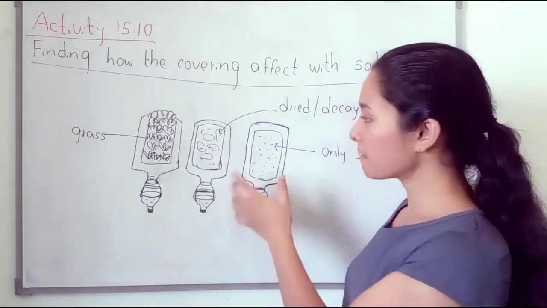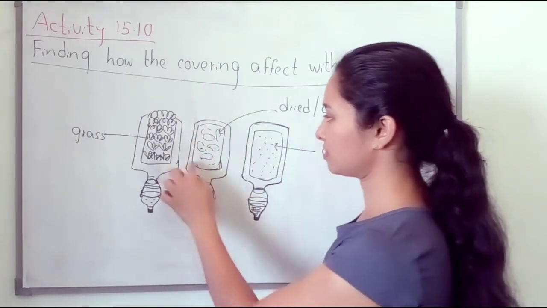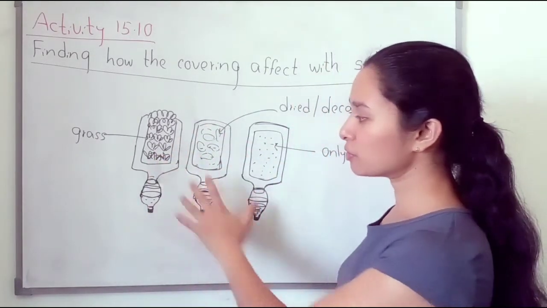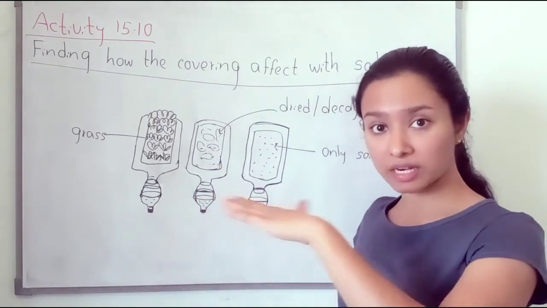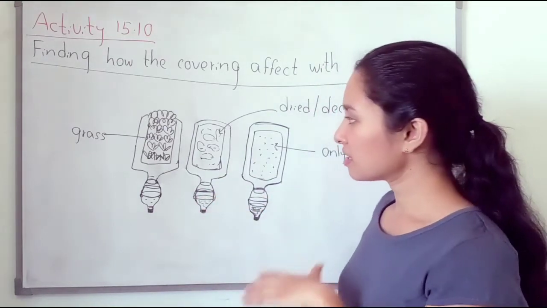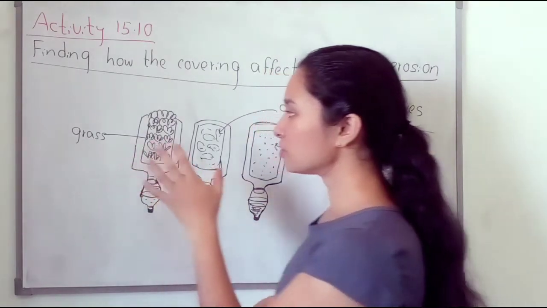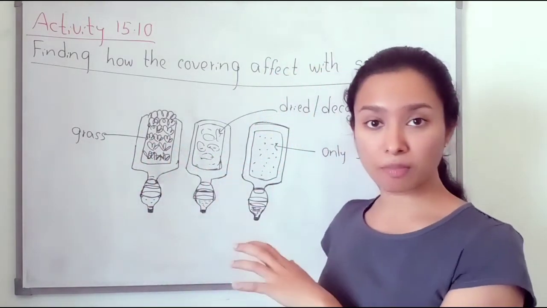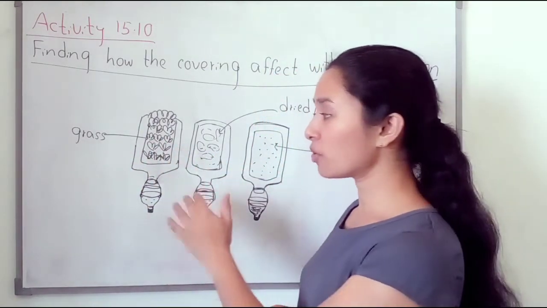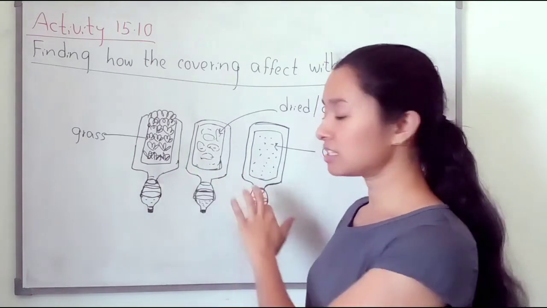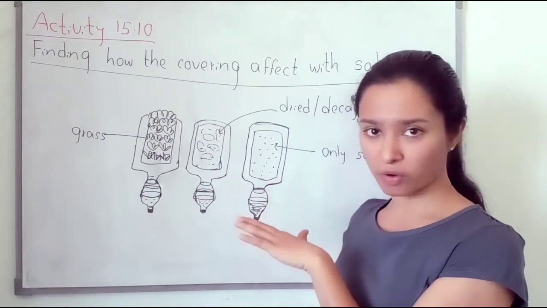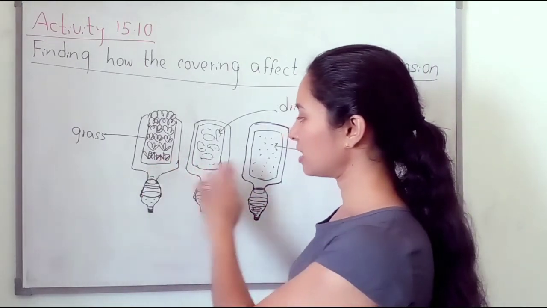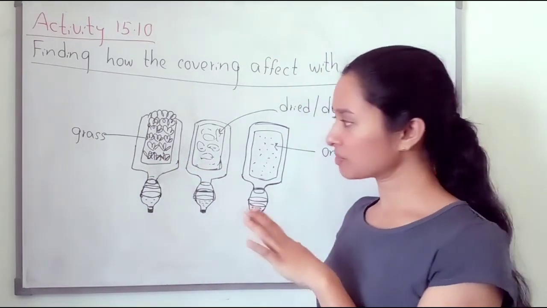You can see, we have to cut this part, and remove the lids. Then place these 3 bottles on a table. Then we have to put the same amount of the same soil type in each of these 3 bottles.